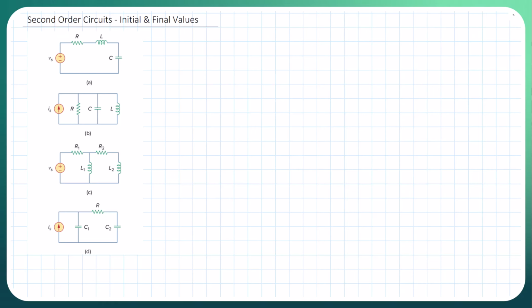So you have a resistor, an inductor, and a capacitor instead of just a resistor and a capacitor, or a resistor and an inductor. Let's give a definition, and then I'll give you some more specific examples.